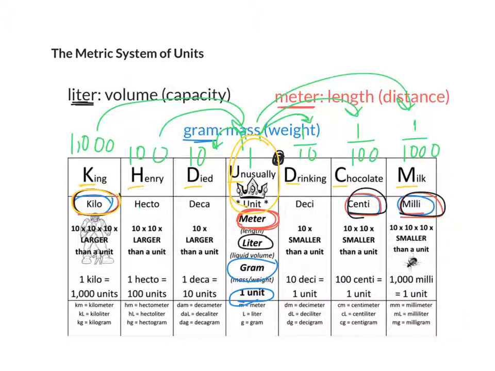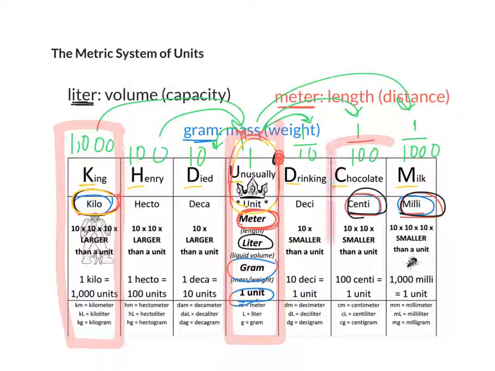While Henry, died, and drinking, hecto, deca, and deci, are true units, we don't use them as much. The ones that you'll be using the most are king or kilo, the regular units, centi, and milli. Okay, those are the 4 that we use most often.